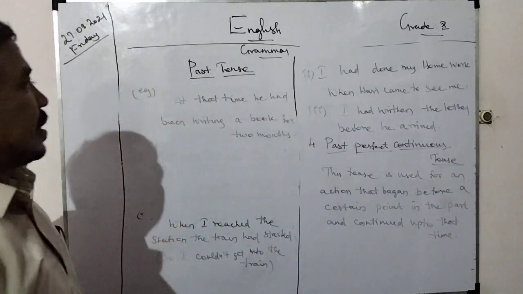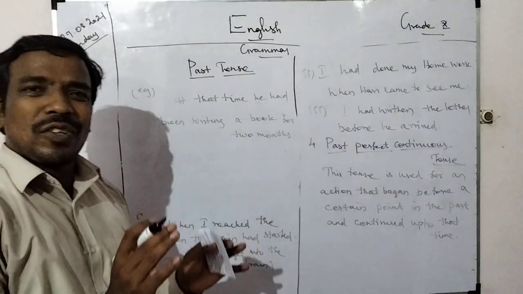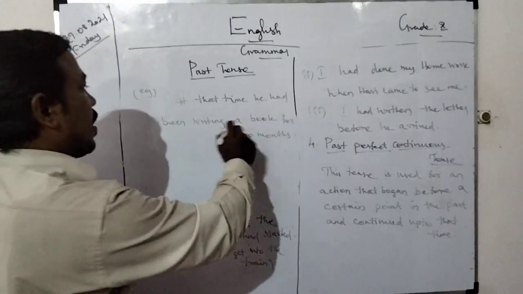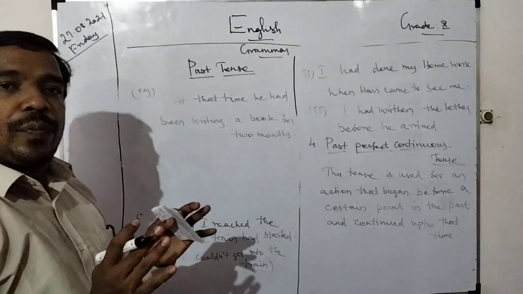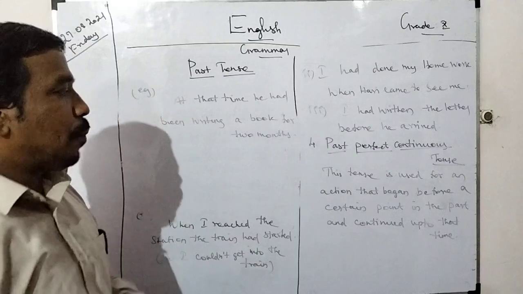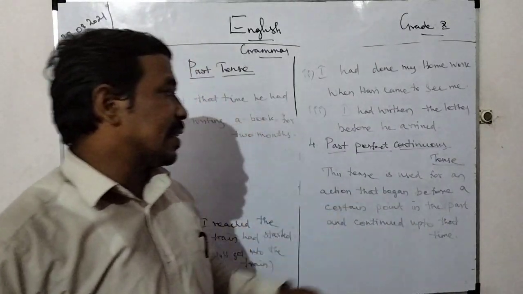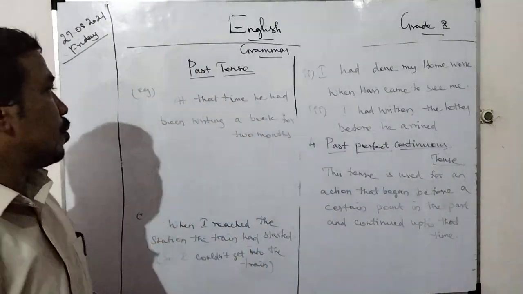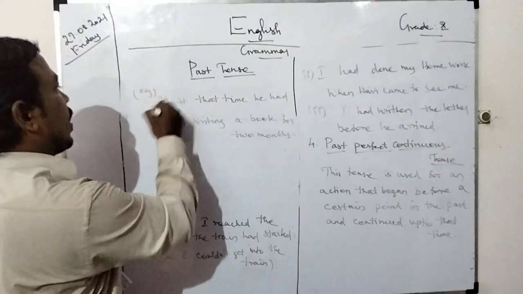At that time, they are referring to a certain time. At that time, he had been writing a book for 2 months. They are referring to a past time which began before a certain point in the past up to that time. This is one example.